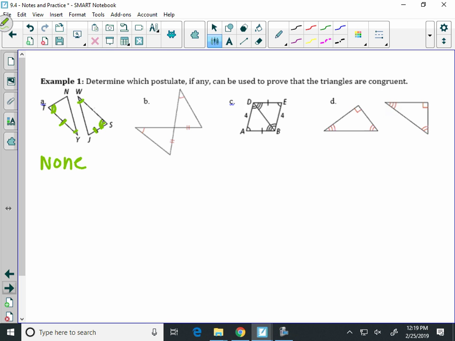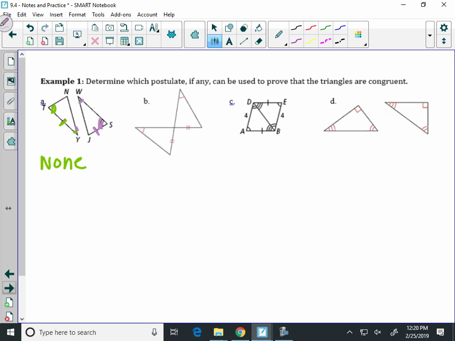Some of you might be thinking, well, I see that there's an angle, side, angle. But you have to be very careful. There's a rule I like to say: you can only skip one thing. If we take a look at this triangle WSJ, some of you might be thinking, here's an angle, side, angle. But look, we skipped a side and we skipped an angle to go this direction. We skipped two things.